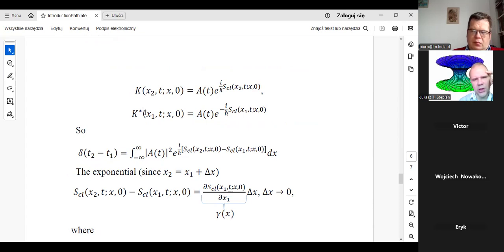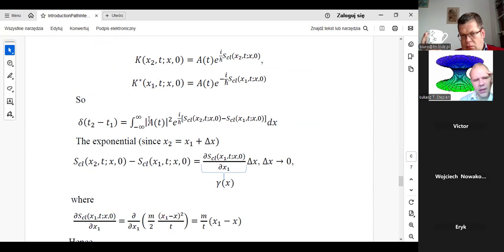Okay, so the Dirac delta function can be written down as follows by using these formulas, and we can say that the exponent function in this term can be written down as follows, because x2 is equal to x1 plus delta x, when delta x is tending to 0.